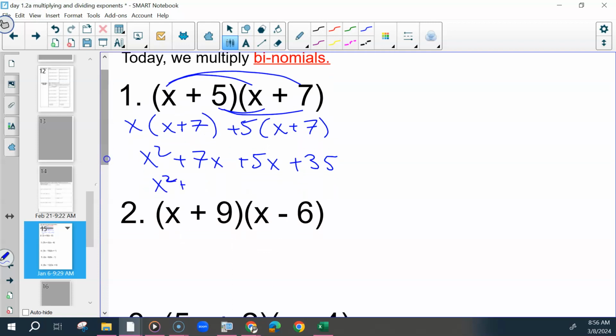X squared plus 12x plus 35. And that would be our answer. While you're practicing on decimals, if you put this in and the original in, they should overlap. Same thing in your calculator, you can do that as well. Questions on how that works?